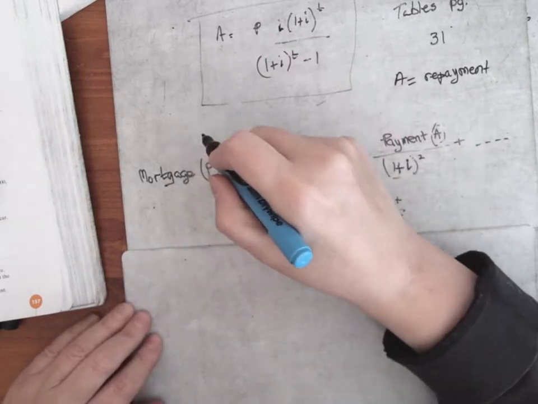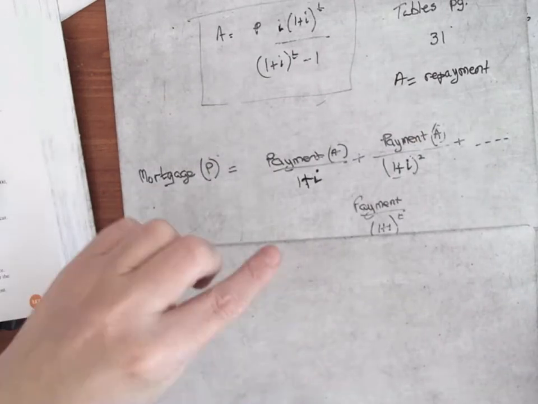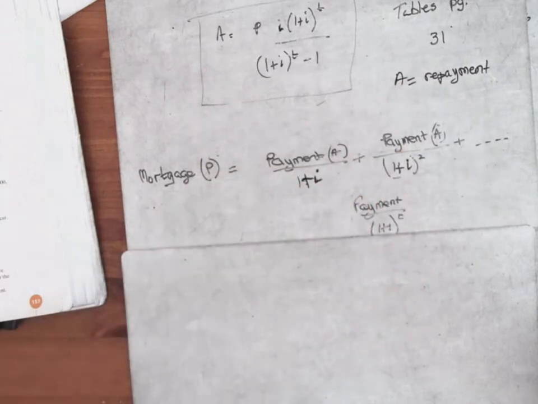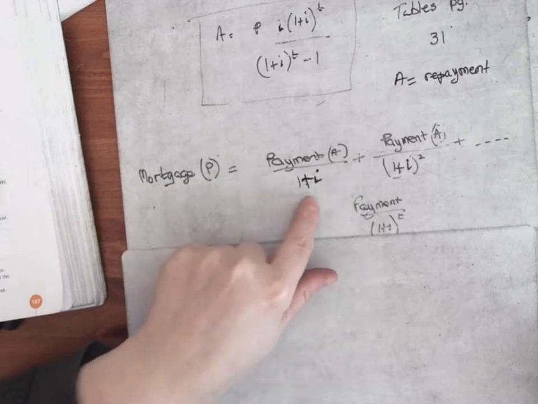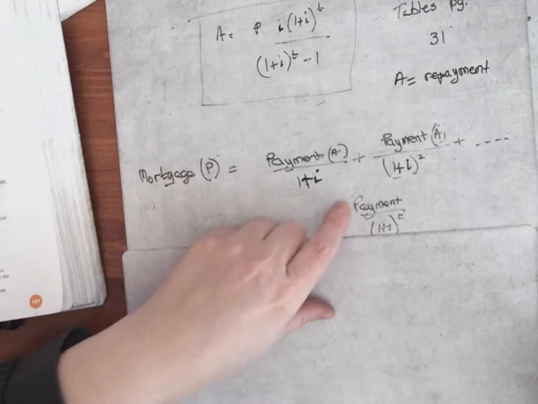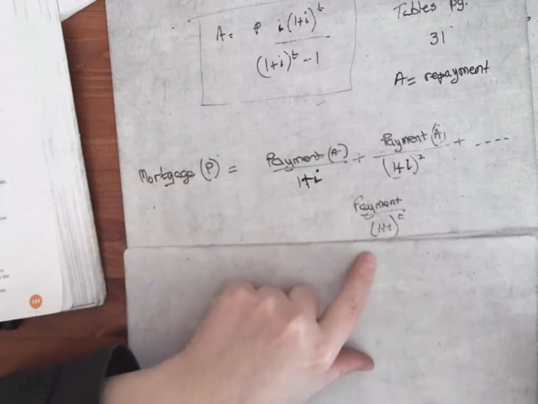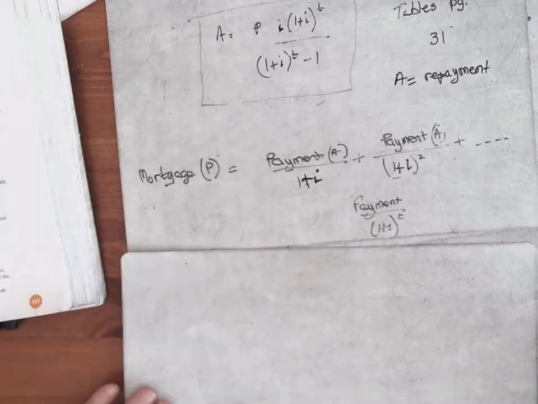So you have to pay the mortgage plus the interest. If you take the interest off each of your payments, that should total up to your mortgage. Your first repayment is actually the last one here. So for your first repayment, you're going to take 20 years of interest off it, and your second repayment, and so on.